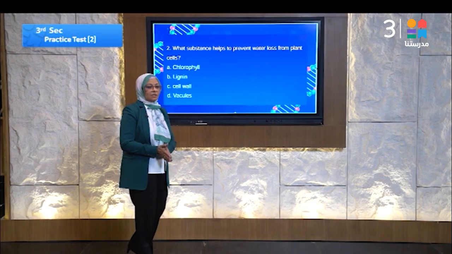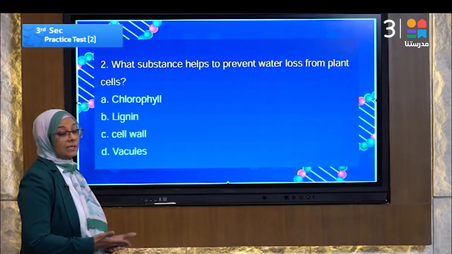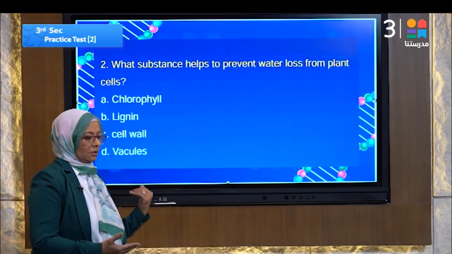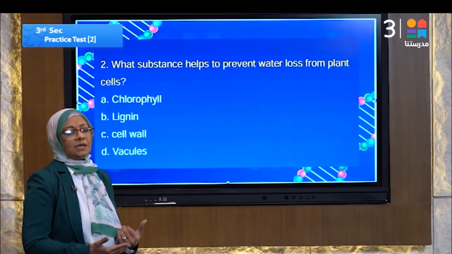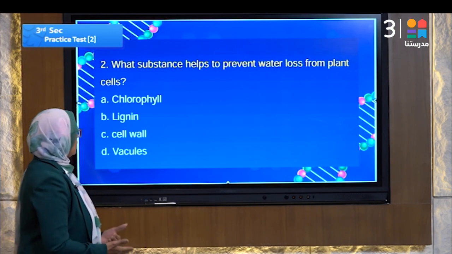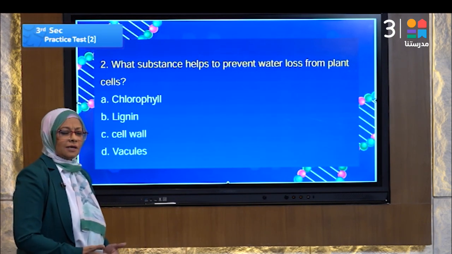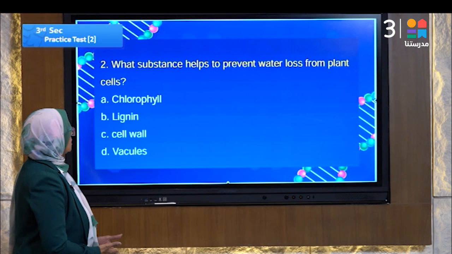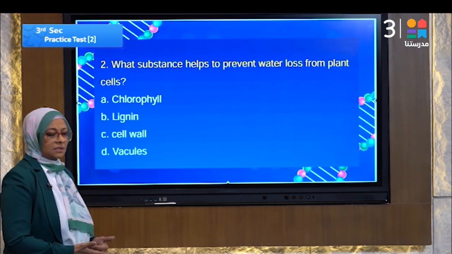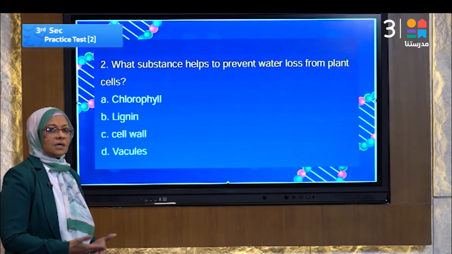Number B, lignin. Lignin is a substance which we talked about in the deposition of the cell. C, cell wall. Cell wall is a wall which is found in the plant cell only. D, vacuoles, a storehouse inside the cell.